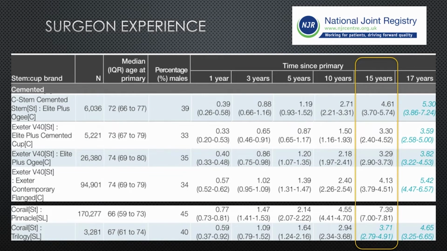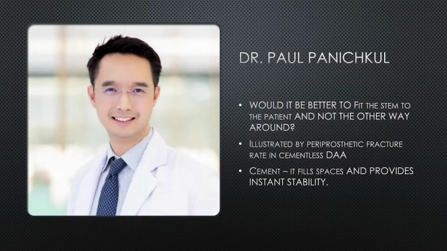Actually, if you look in the British registry, long term, almost all cementless implants do worse than cemented ones. So I agree with you. We're better off cementing the implants rather than trying to fracture them, trying to fit the patient to the implant. So I like the comments of Nils and Sokchen and Paul about this.